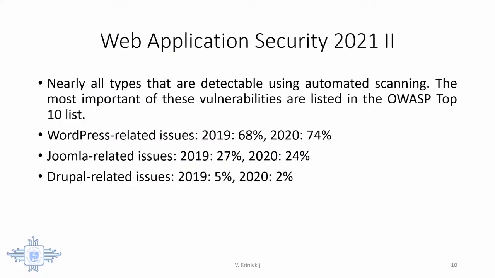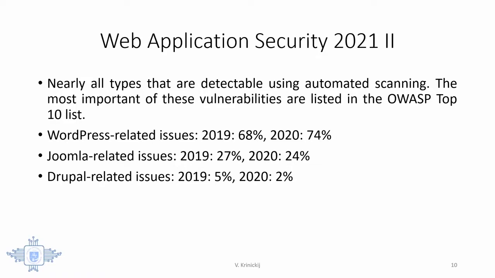But of course, still, if you choose one of the top 3 most common CMSs for your web application, it would be either WordPress, Joomla, or Drupal. And related issues, as you know, mostly come from the top one of those 3. So in 2019 and 2020, we had a lot of problems with WordPress. Now it's the same actually in 2021 and 2022.